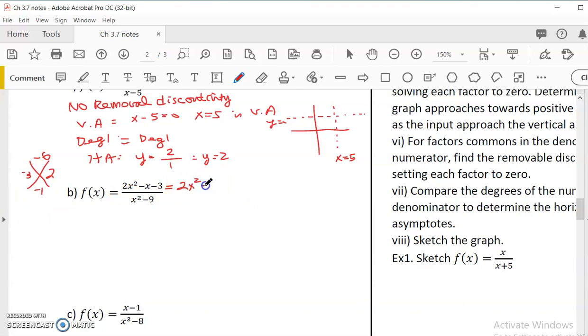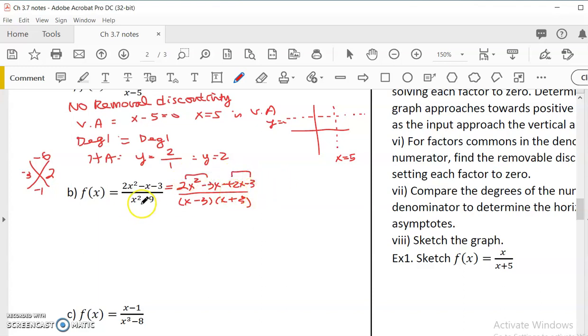2x squared minus 3x plus 2x minus 3, over, I can factor the bottom, x minus 3, x plus 3, because it's a difference of squares. And then I factor 2 by 2, right?